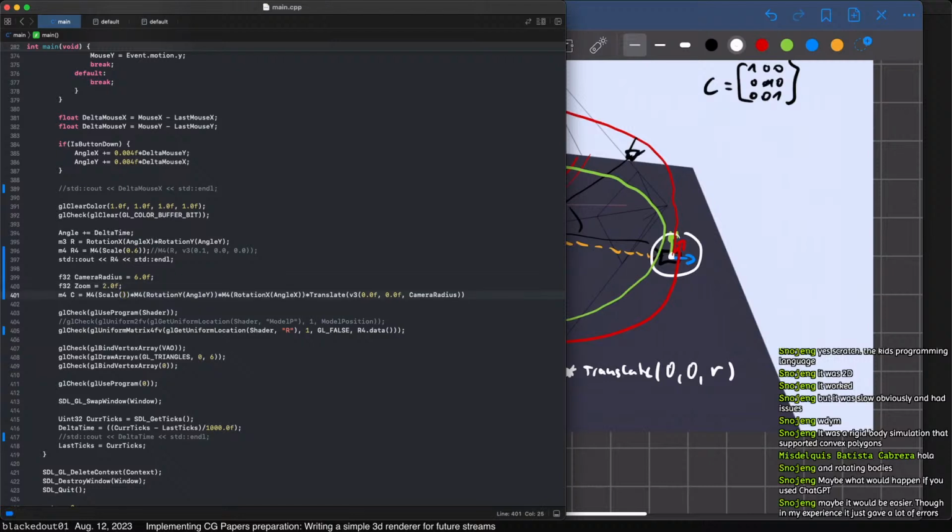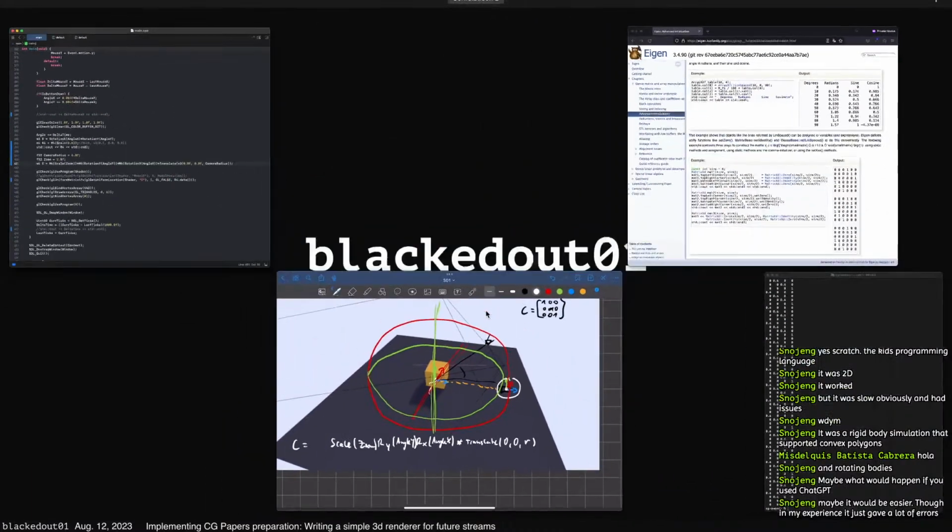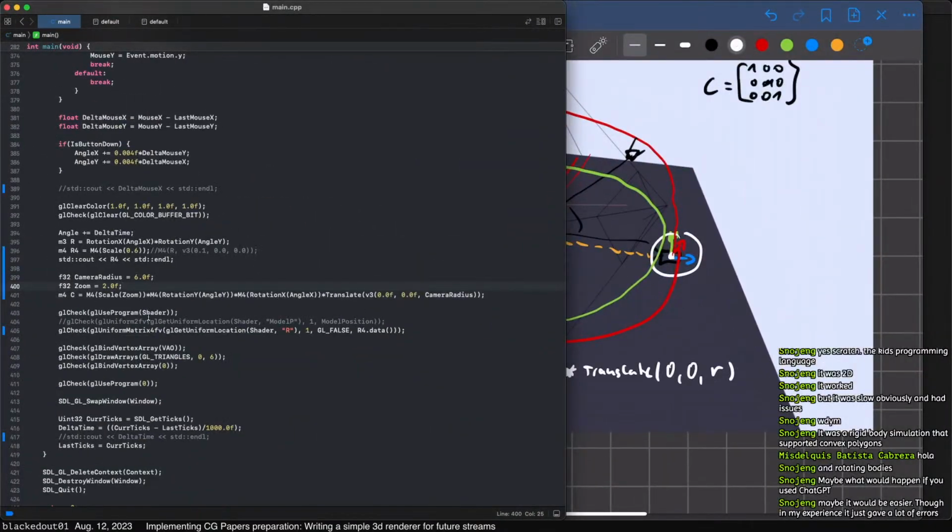I don't know, I'm not sure. We need to check this later. So this is the camera matrix. And unfortunately, I can't test this right now because, like I said, we need to implement all steps of this transformation pipeline. But yeah, so first translate, then rotate x, then rotate y, then scale.